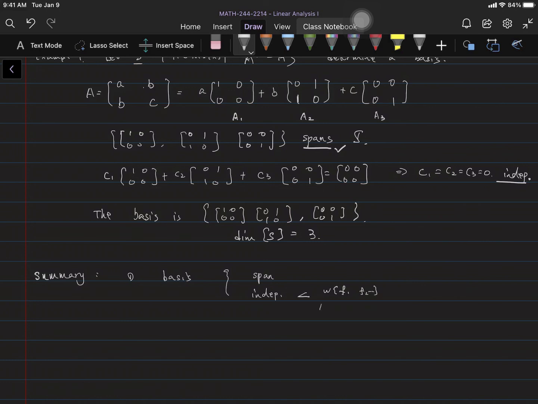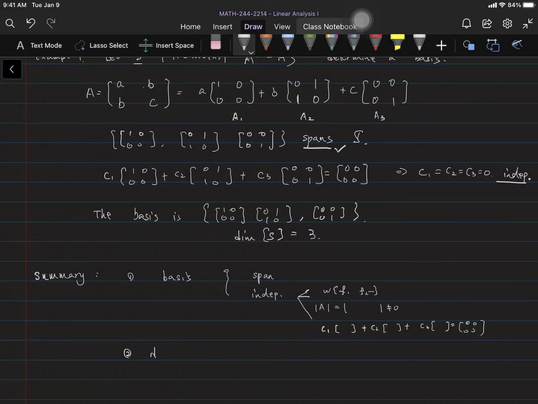And for vectors, we do the determinant of the matrix. We want to prove it is not equal to zero. Or sometimes we just take a linear combination of the matrices, set it equal to the zero matrix, and solve for the c's. So that is for independence. For span, we just need to know any vector can be expressed by the basis vectors.